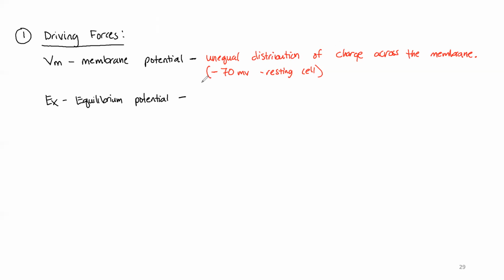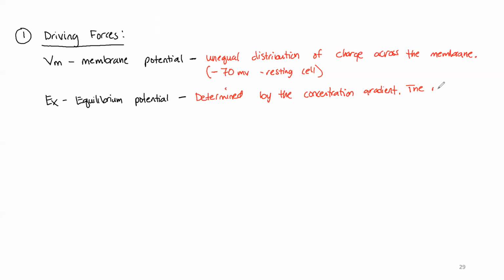So the equilibrium potential, we said, is determined by the concentration gradient. Okay. And it's really the membrane potential for an ion.